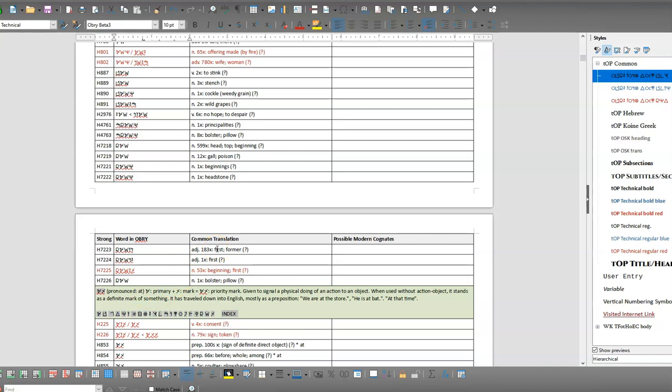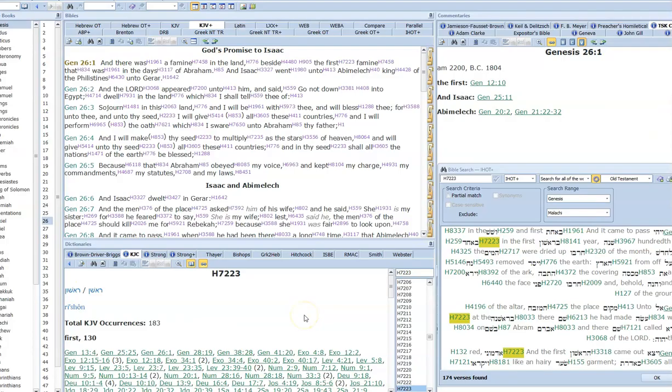So one thing we want to see is how many times it occurs, if that really probably is first and or former, mostly first, if that actually works, or if this other idea of like chief importance, height of, zenith of a thing, something like that, would actually fit better than first.